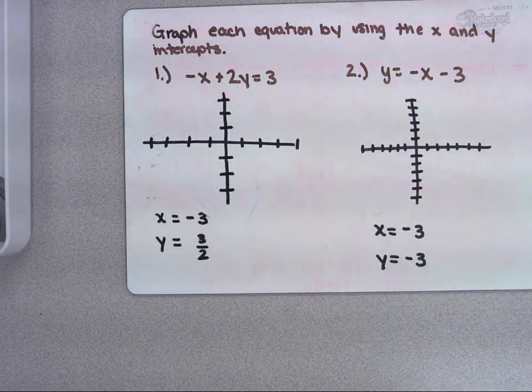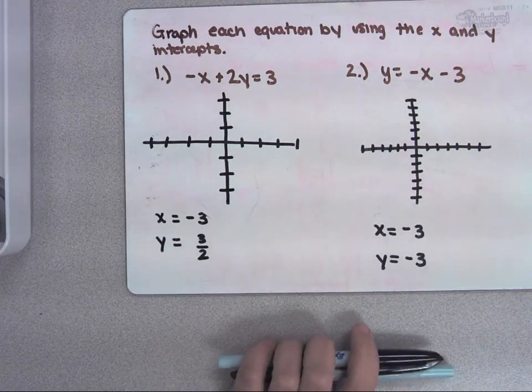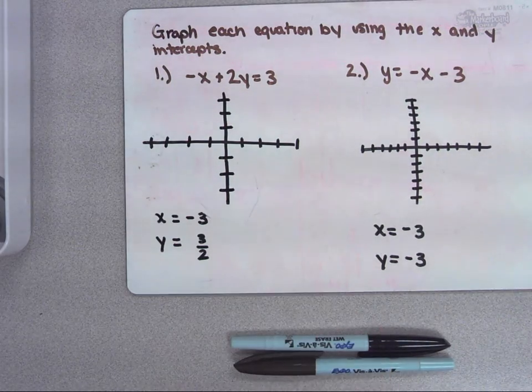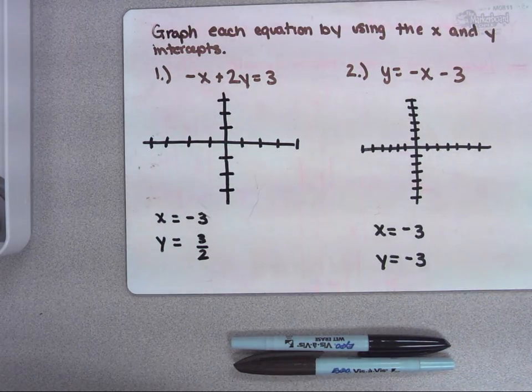It's because you're just writing them wrong. That's the answer, because you guys did it on your test that way too. X is 0. So you got -0, which is 0, plus 2y equals 3.